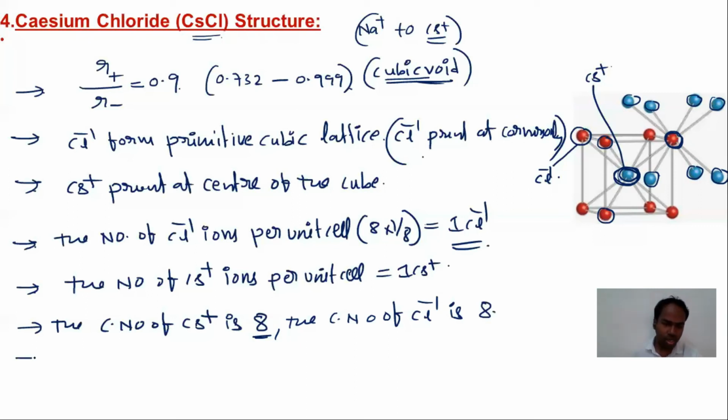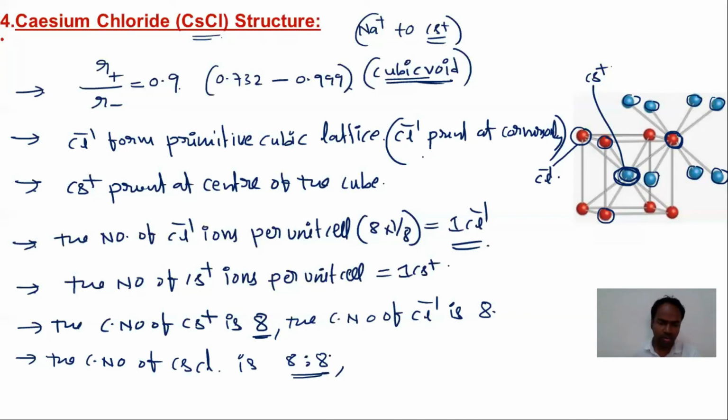Then what is the coordination number of cesium chloride? How can you write the coordination number of any ionic compound? Nearest neighbors of cation is to nearest neighbors of anion. 8 is to 8.